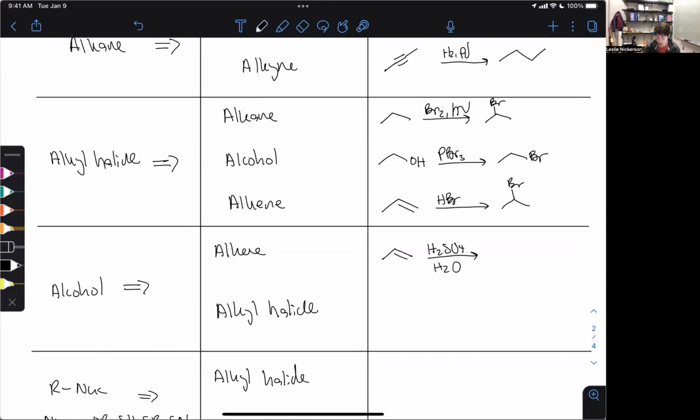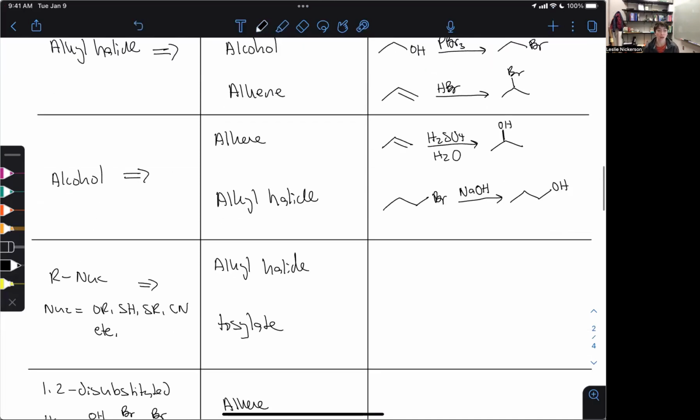Okay, so I'm looking at most substituted side addition of an alcohol on my alkene. Or if we have an alkyl halide, we can just do a simple SN2 or even SN1 reaction, depending on how you set it up, to get to our alcohol.